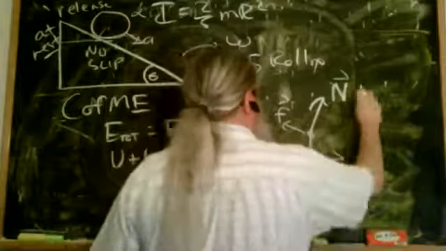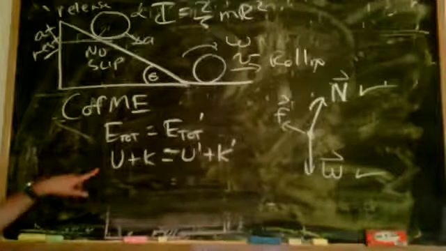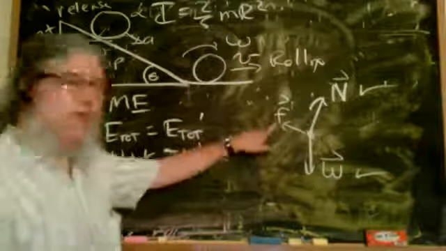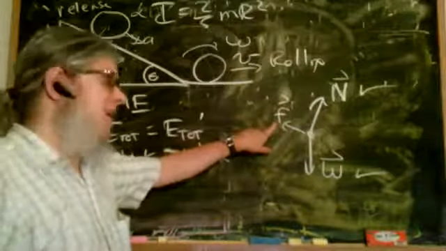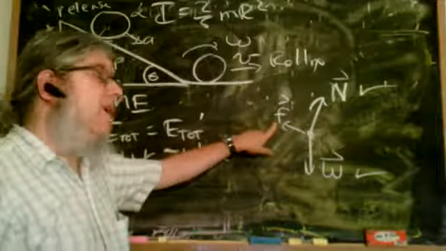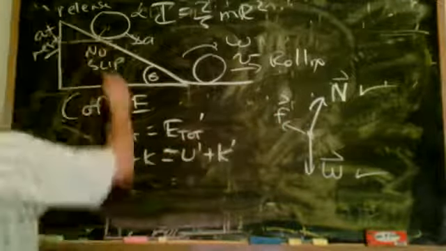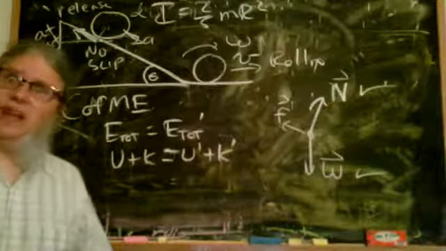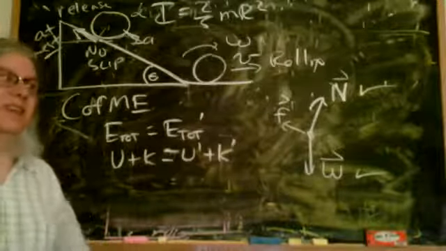So the normal force is not conservative, but it does zero work. So far so good. What about the friction force? The friction force is not conservative. Furthermore, the direction of the friction force, annoyingly, is lined up with the direction of motion on the path.